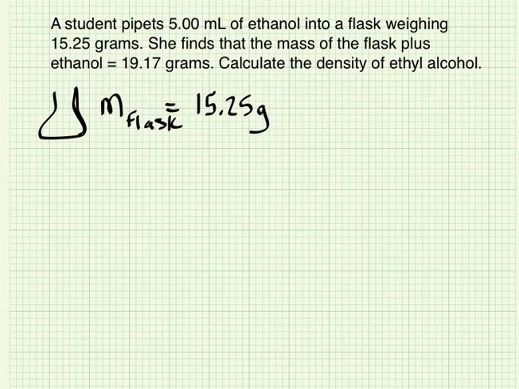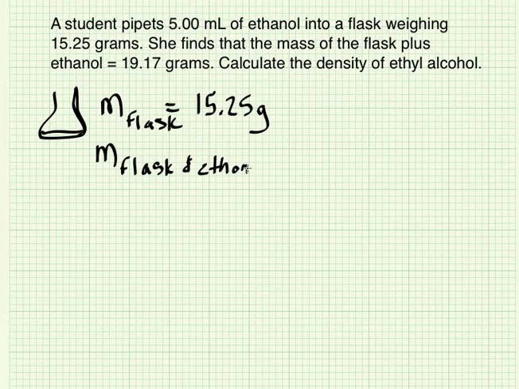But then we're going to fill it up with a little bit of ethanol. So I'm going to add a little bit of ethanol in here. And now all of a sudden the mass of the flask and the ethanol goes up to 19.17.